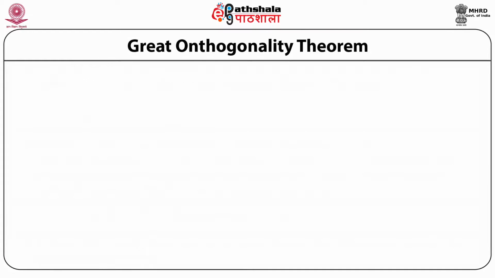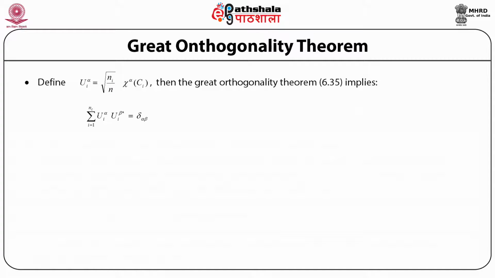We will now discuss something which tells us about the dimensionality of the irreducible representations. Let us define u i alpha equal to the square root of Ni by N times chi alpha(Ci). That is, u i alpha is the character of the ith class in the representation alpha multiplied by the number of elements in the class, divided by the total number of elements or the order of the group, and the square root of that is taken.